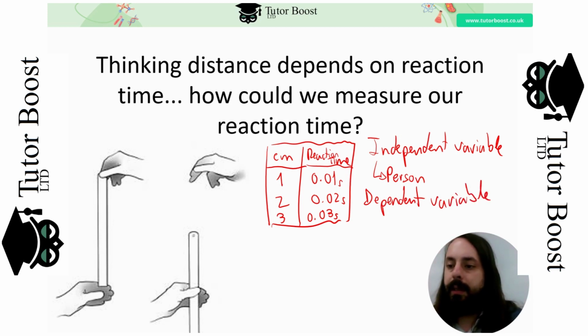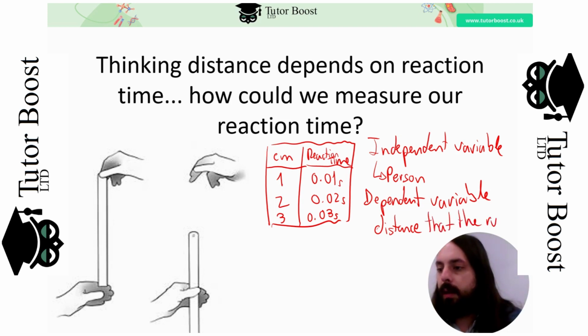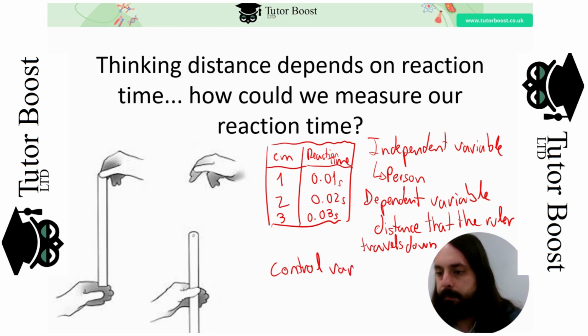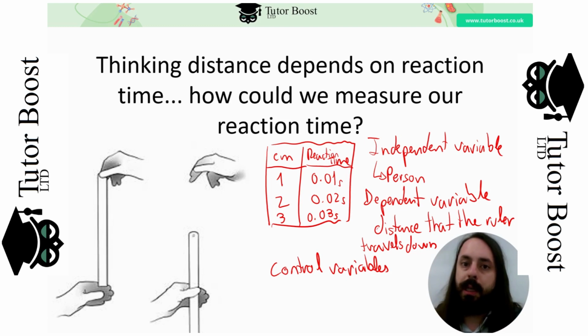We're measuring the distance that the ruler travels down. Okay, control variables. What are we trying to keep the same?